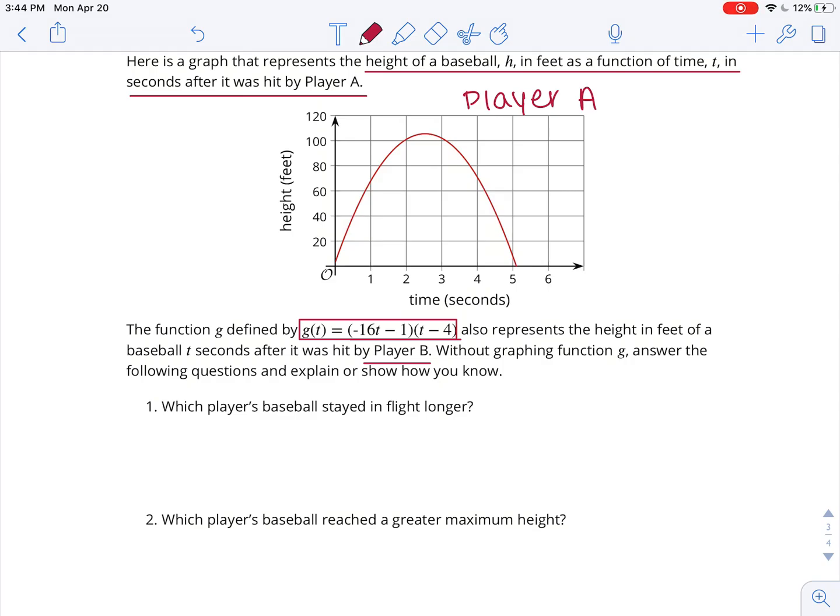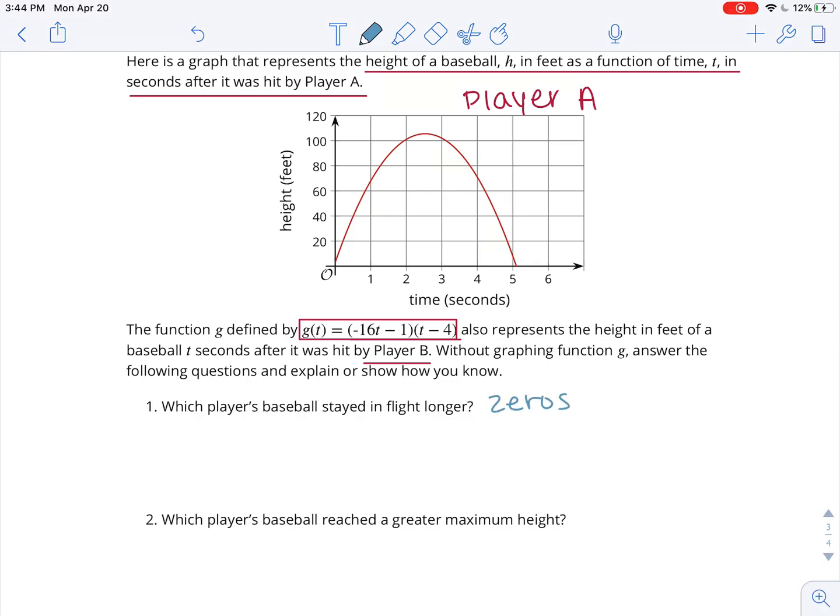Okay, so for number 1, which player's baseball stayed in flight longer? What we want to figure out here are the zeros of both of these functions, because we want to see how long each stayed in flight. We want to know when it actually hits the ground, and that is going to be the zeros of the function.